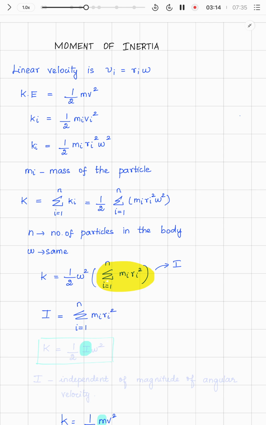So from this definition, we can write the value of total kinetic energy as half into I omega square. This value of I is independent of the magnitude of angular velocity.